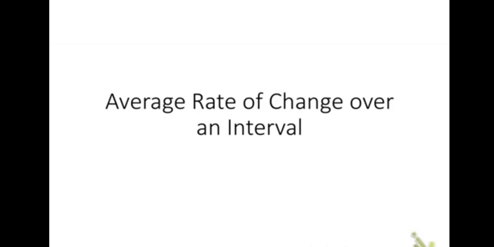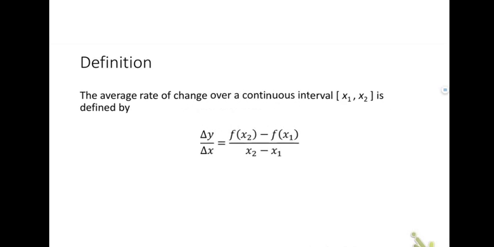In this video we're going to talk about how to find the average rate of change over an interval. The average rate of change over a continuous interval, closed bracket, x1 to x2, closed bracket, is defined by the formula below. This formula should look pretty familiar, especially if we think about the change in y divided by the change in x.